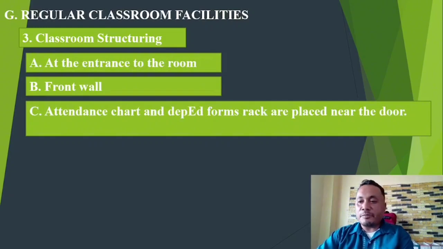Classroom structuring. At the entrance of the room, front wall, the attendance chart and DepEd forms rack are placed near the door. A signboard is posted showing the following identification.